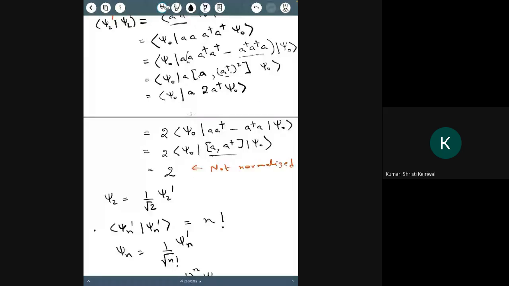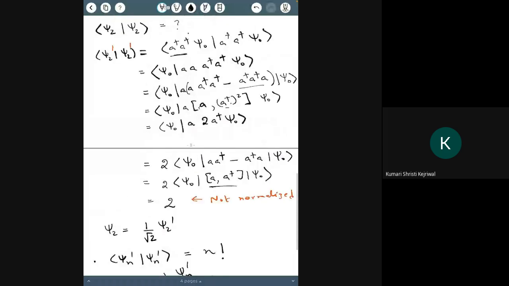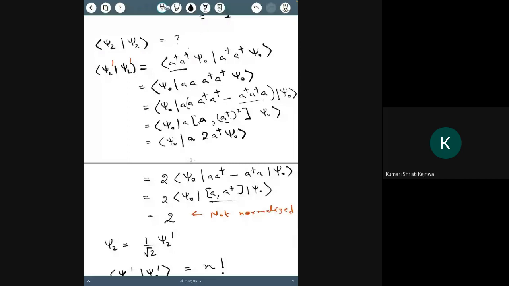But if I had one more A dagger, then I would get A dagger cube.